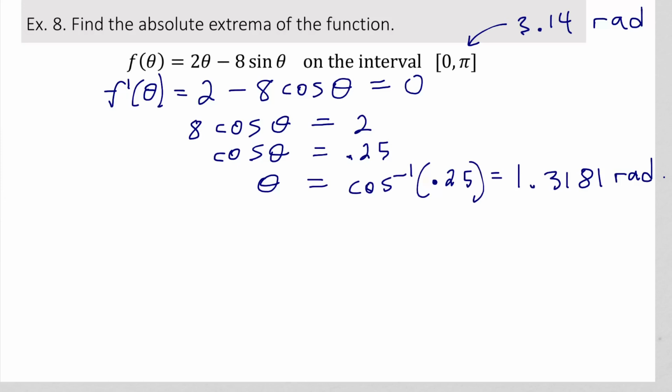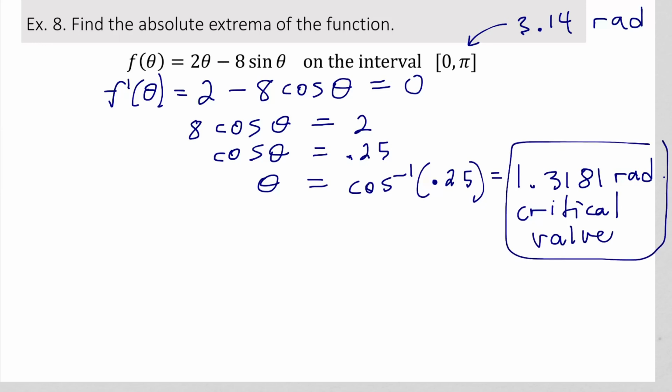All right, so now I make a chart with my three values. So this is my critical value. So I've got my first endpoint, 0. Then I've got my critical value.